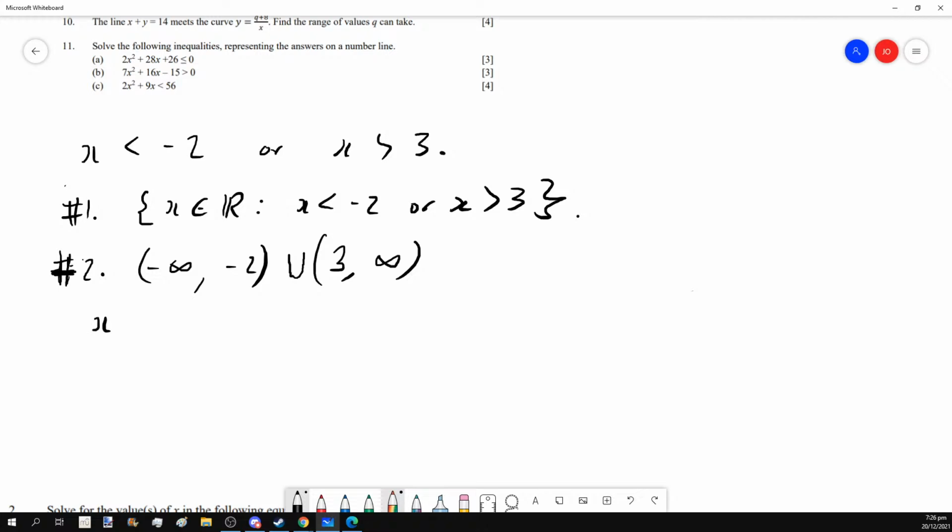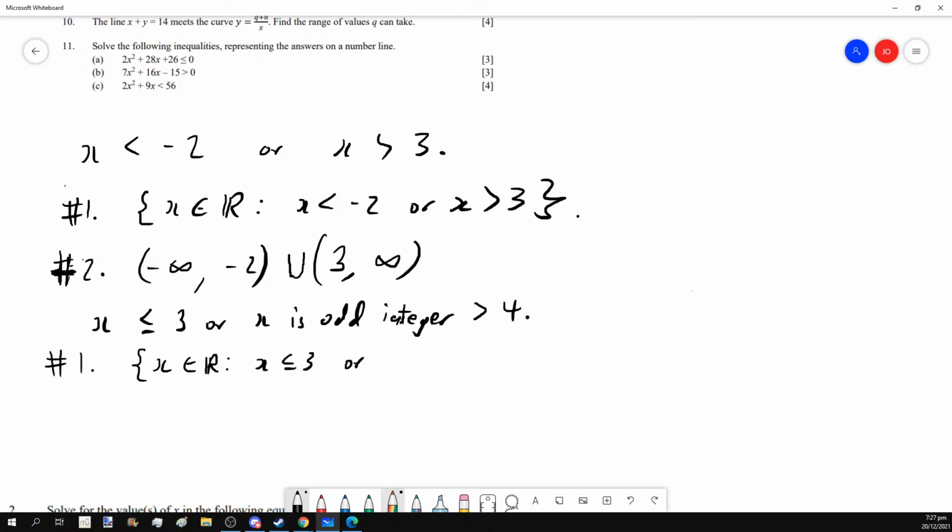So as another example, let's say x is lesser than or equal to 3, or x is an odd integer greater than 4. Then in that case, option 1 will say that x is a real number such that x is lesser than or equal to 3, or x is an integer such that x is greater than 4 and is odd.